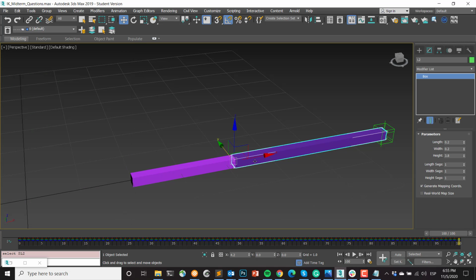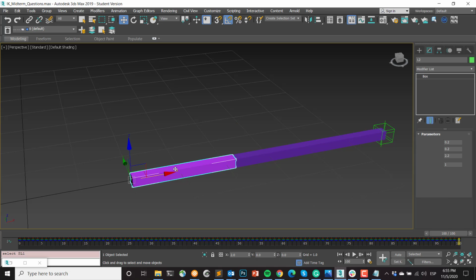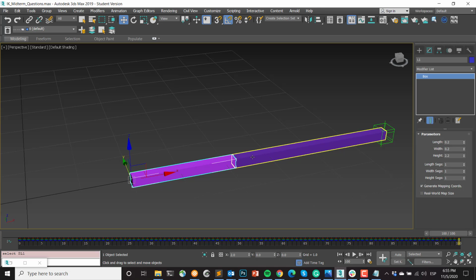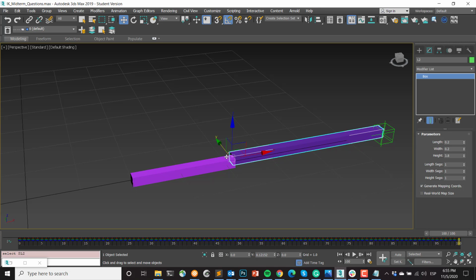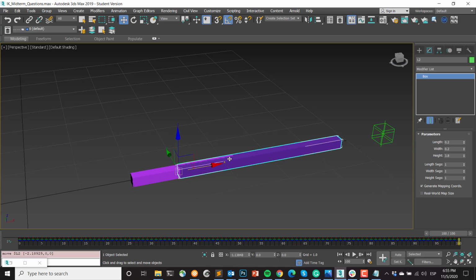Because there is a difference in position from L2 with respect to its parent. Because its parent, the local coordinates from its parent are these right here. We can see the arrows here. So basically this object L2 has a difference in position. If its local coordinates were 0, 0, 0, this guy should be here, because that is the 0, 0, 0 of its parent.